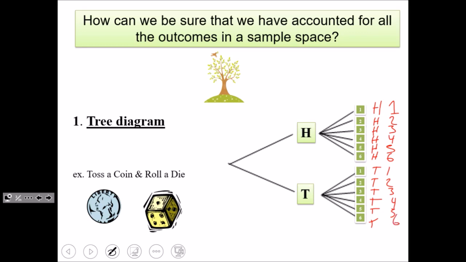So by following my tree branches, heads and then a 1, and making sure I follow each one of my branches down, I can make sure I've accounted for all possible outcomes. So I haven't forgotten anything. If I'm just trying to make a list of all the possible outcomes, I could forget something. So instead we do a tree. Trees are especially helpful when I'm talking about multiple events, about the chance of getting a heads and a 1, or a heads and a 5. Anytime I'm doing multiple events, a tree diagram could be especially useful.